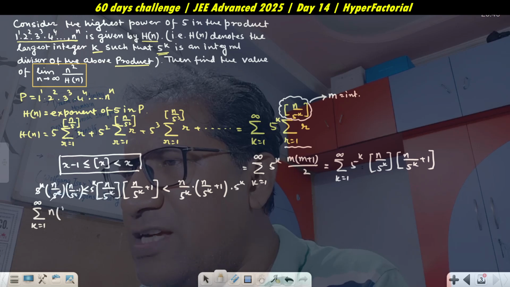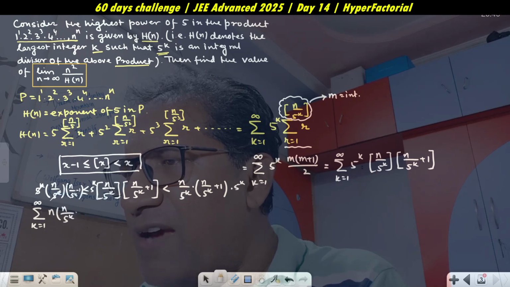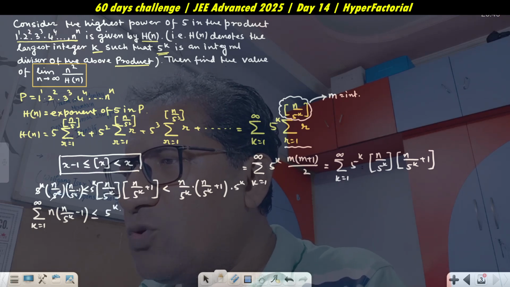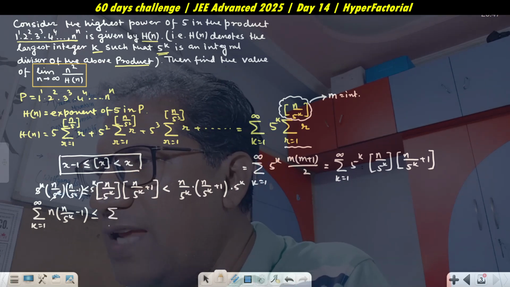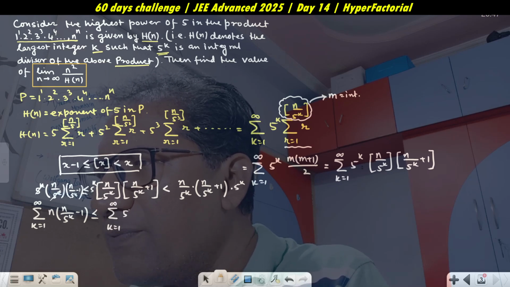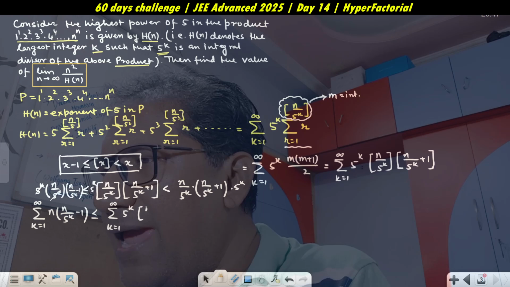So it is n into n by 5 to the power k minus 1 is less than or equal to sigma k from 1 till infinity, 5 to the power k, n by 5 to the power k, the same thing I am writing.